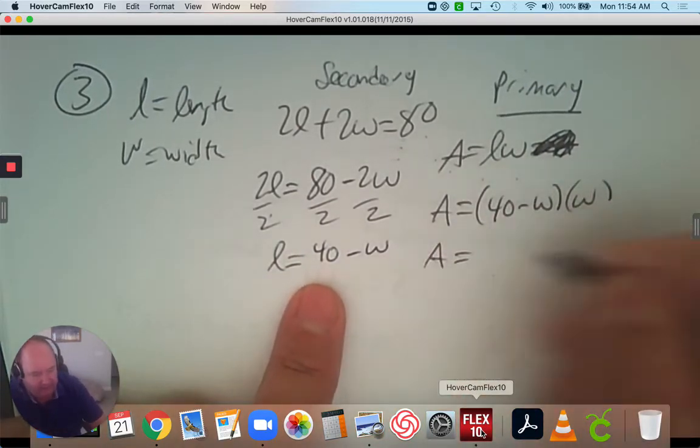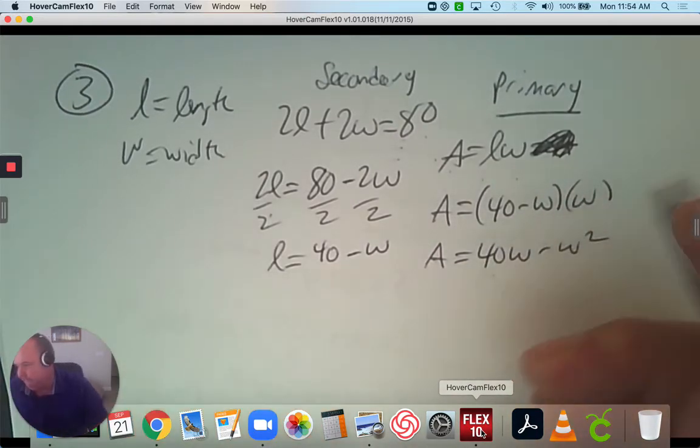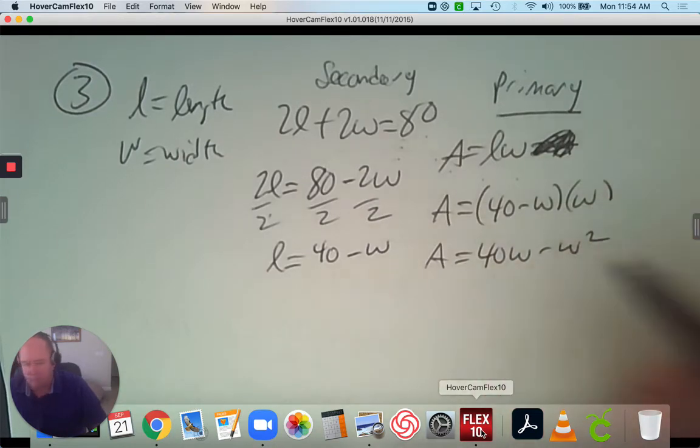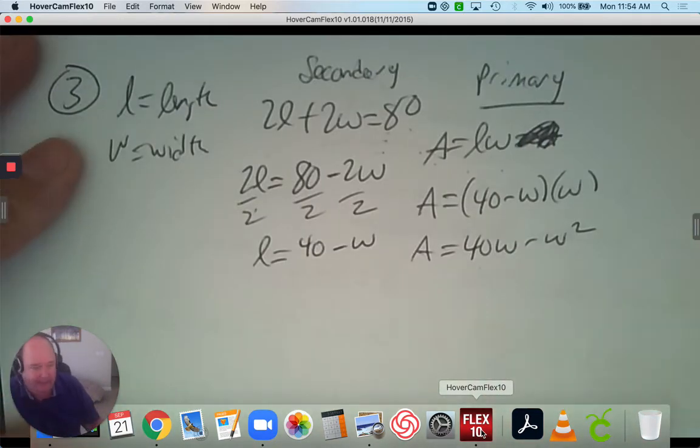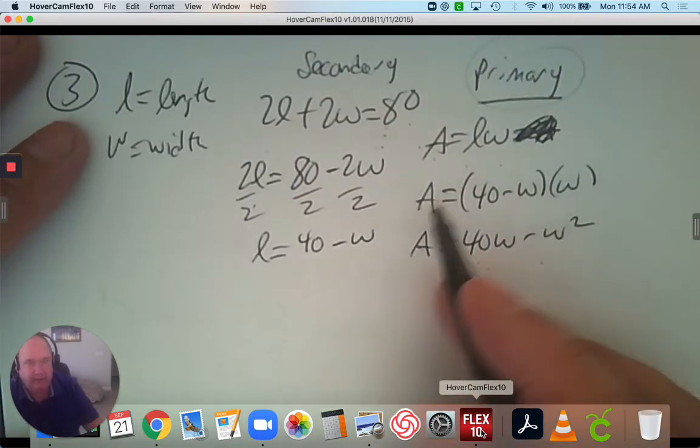To make my life easier, I'm going to distribute. That's 40W minus W squared. Now I have a primary equation with only one variable on the right and one on the left.